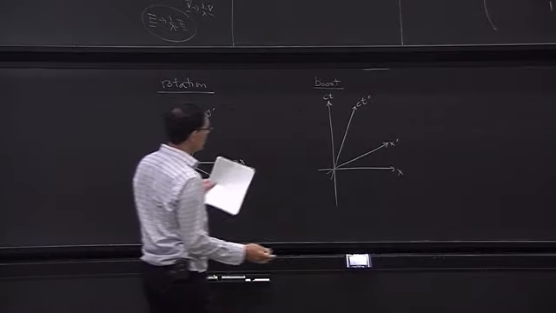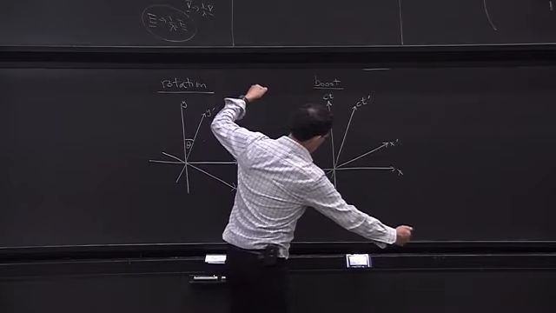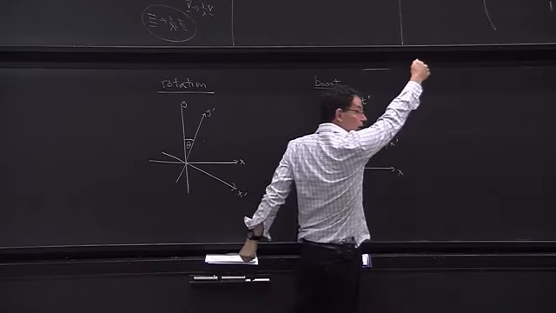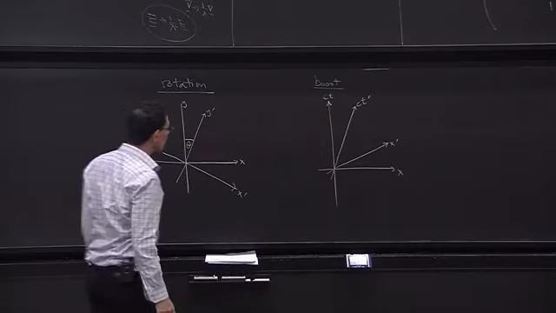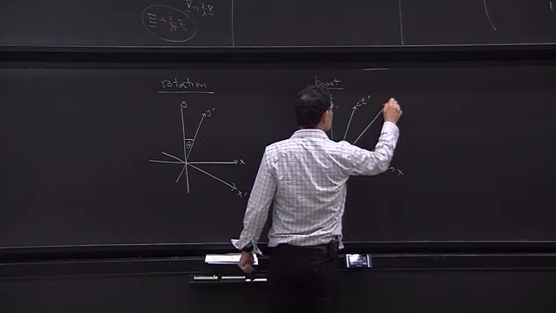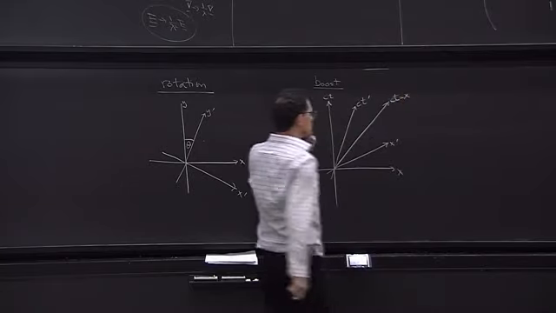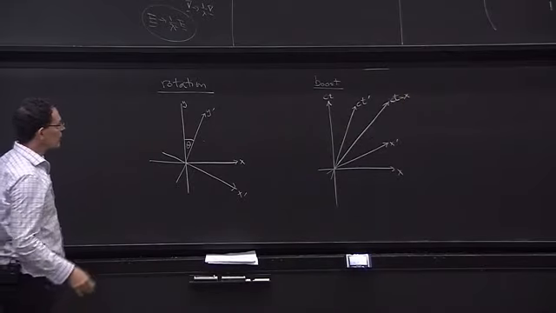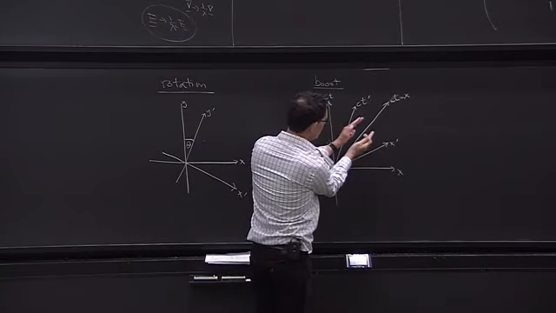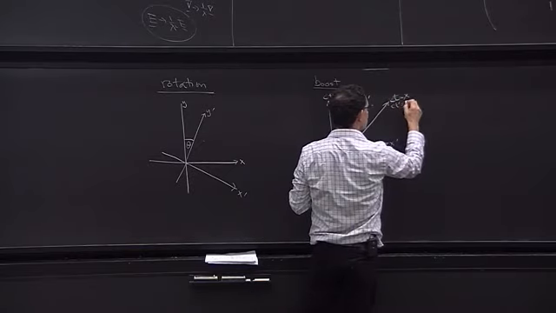Instead, in doing a boost, what you're doing is squashing the coordinate axes in this direction and stretching them in that direction. This, of course, is light. This is x, or CT equals x. That's the equation of a light ray, and that is unchanged. So in any coordinate system, if I do any boost, everybody is going to agree that light is also CT prime equals x prime.